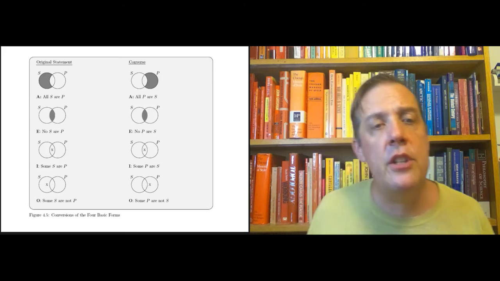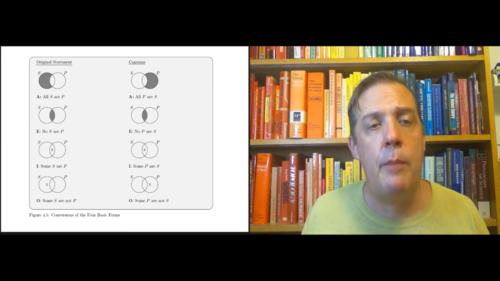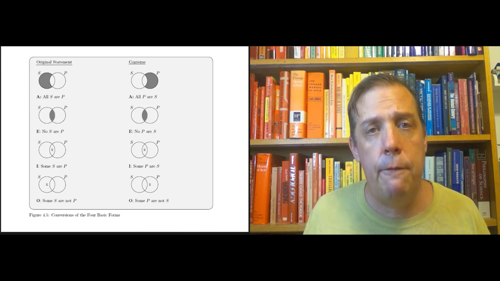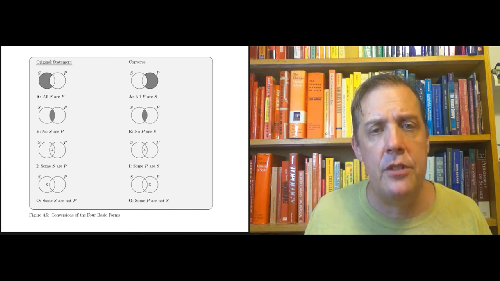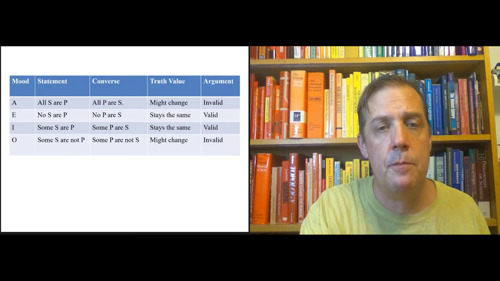So again, here are the diagrams for what happens when you switch subject and predicate for all four kinds of statement. All S are P is invalid because the Venn diagram changes. No S are P is valid because the diagram stays the same. Some S are P is valid because the diagram stays the same, and some S are not P is invalid because the diagram changes.